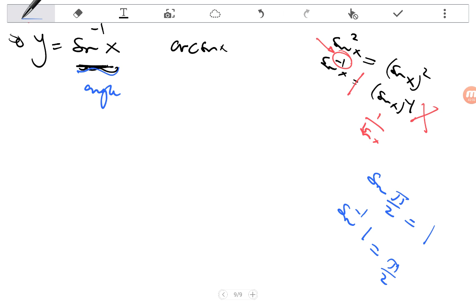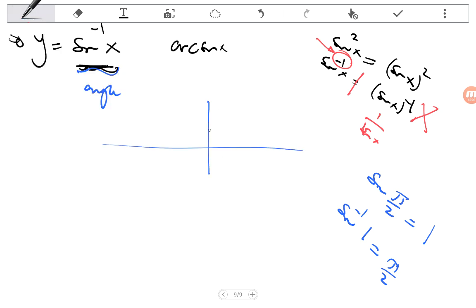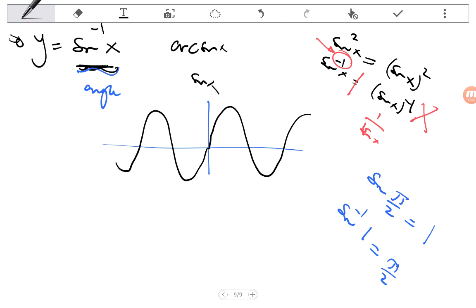But we need to be careful. Why? Because when I say sine, that sine curve is like this. Is this a one-to-one function? No, this is not a one-to-one function. So by itself, this original sine is not one-to-one, so it doesn't have an inverse.